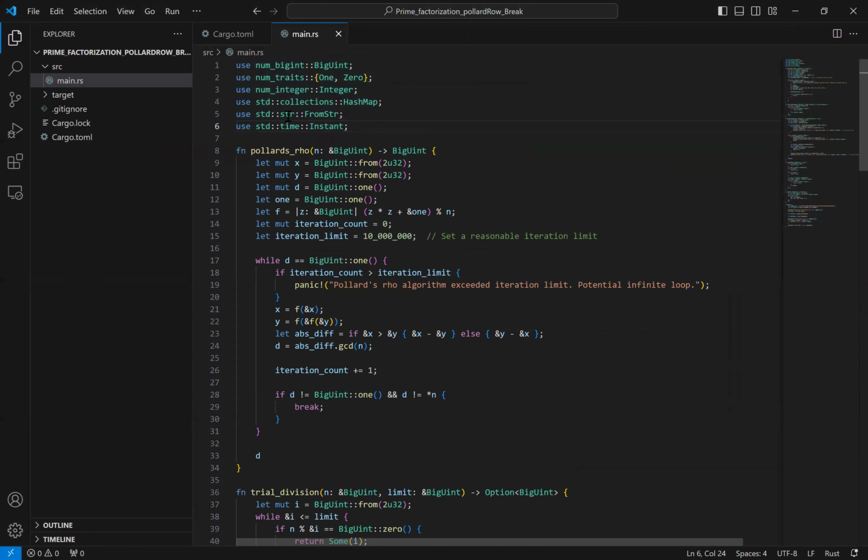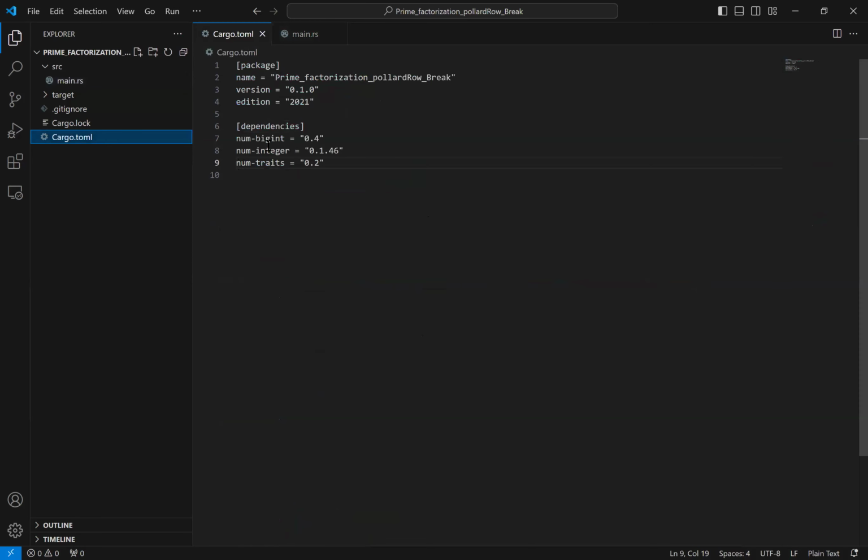So you can see there are very many libraries, and these are meant to deal with very big numbers, very big integers. When you come here, you can see the dependencies that you include: num-integer, num-traits, and big integer, and so on.